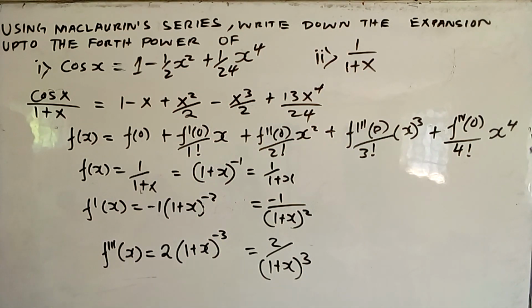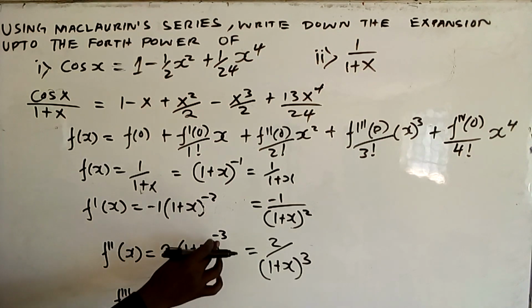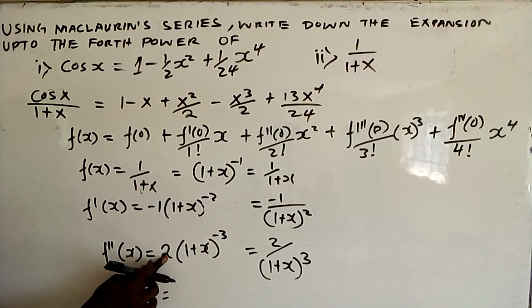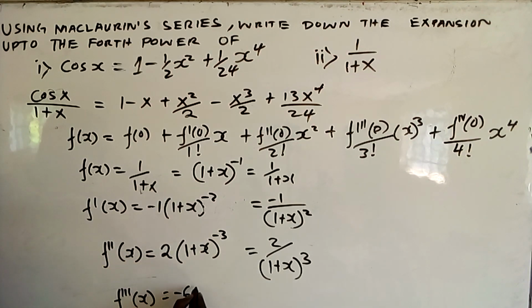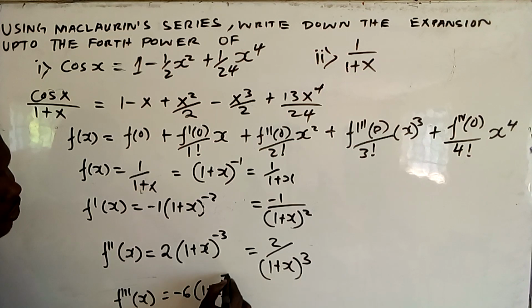Yes. Then we differentiate it again. This was first, second, third time. So let us continue with the same process. For the third time, what do you get? Negative 3 times 2, you get negative 6, then 1 plus x, then you reduce the power by 1.